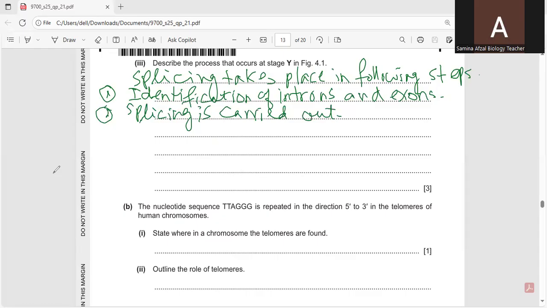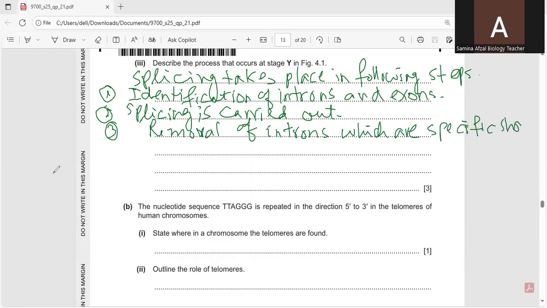And then after this comes the removal of introns, which are short, specific nucleotide sequences.